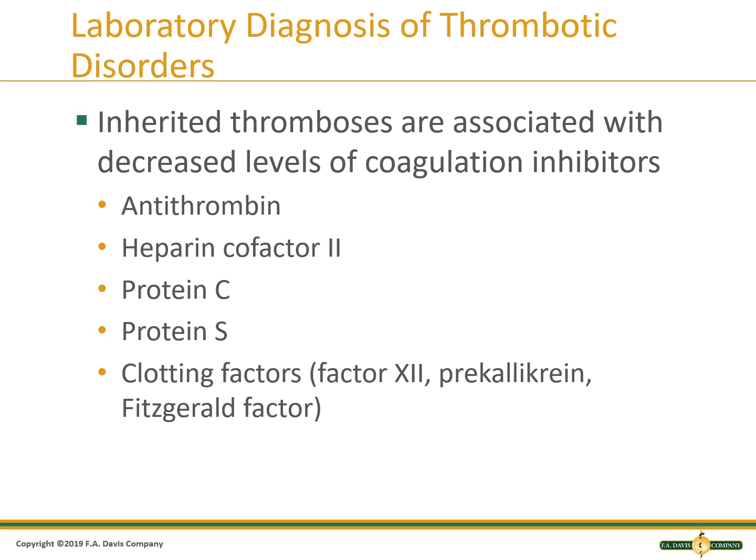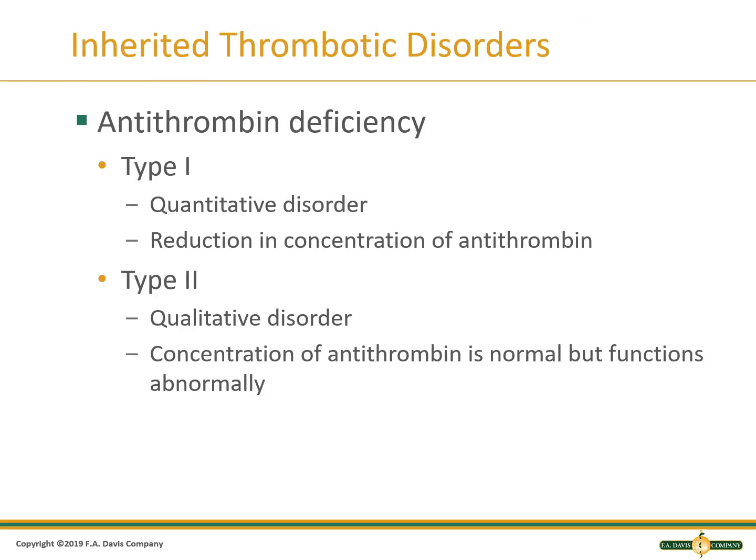Inherited thromboses are associated with decreased levels of coagulation inhibitors, such as antithrombin, heparin cofactor 2, protein C, protein S, and clotting factors such as factor 12, prekallikrein, and Fitzgerald factor. An inherited thrombotic disorder is antithrombin deficiency.